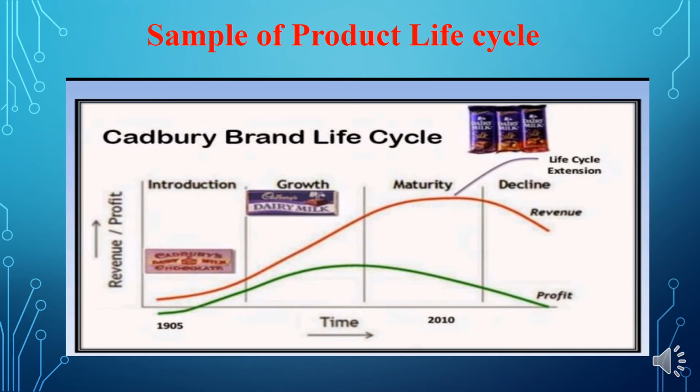Then sa third stage natin, maturity, dyan na yung makikita natin na magpa-flatline na siya, halos mag-flat na siya kasi dyan na yung kumbaga wala nang improvement or steady na lang yung product natin pagdating sa market. Then pero dito, makikita natin na nagkaroon ng life cycle extension yung product na yan dahil yan sa pagkakaroon ng innovation.